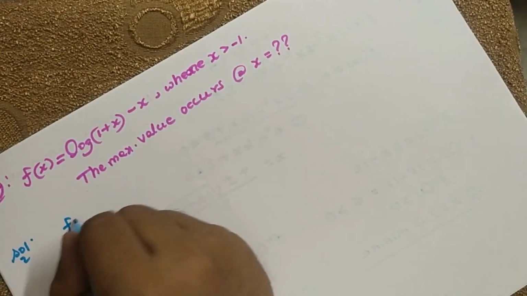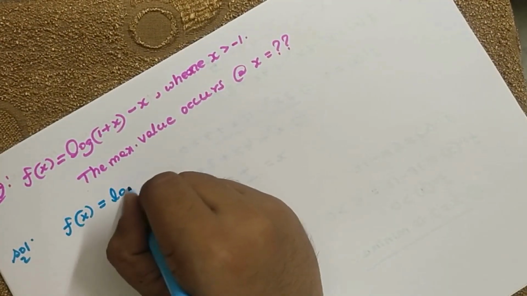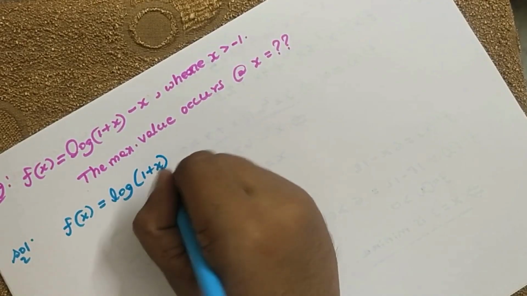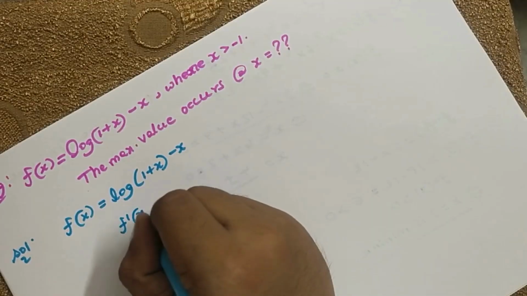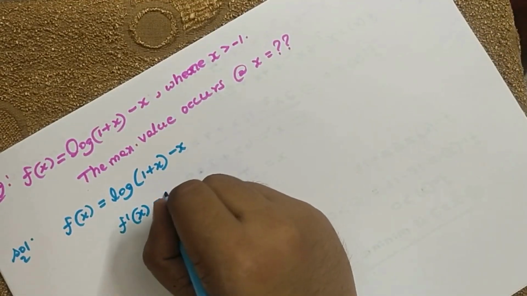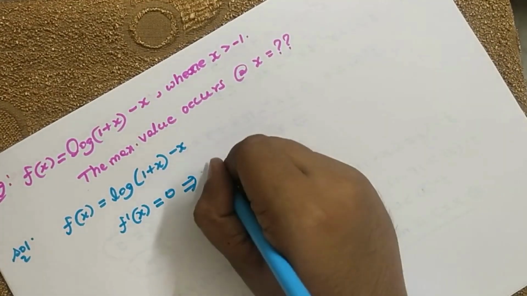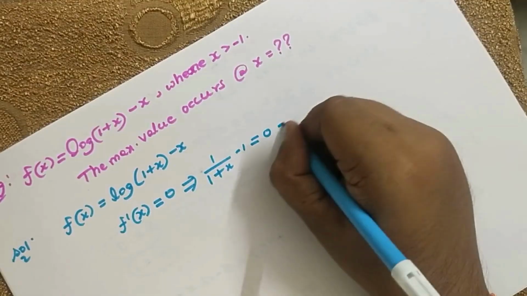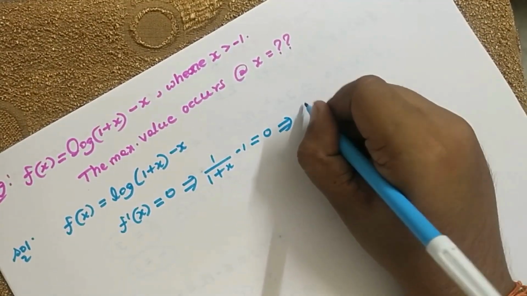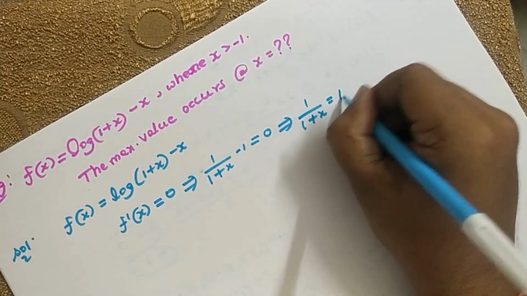I have f of x as log of 1 plus x minus x, and we have to find f dash of x and equate it to 0. Which implies 1 upon 1 plus x minus 1 is equal to 0, which implies 1 upon 1 plus x is equal to 1.